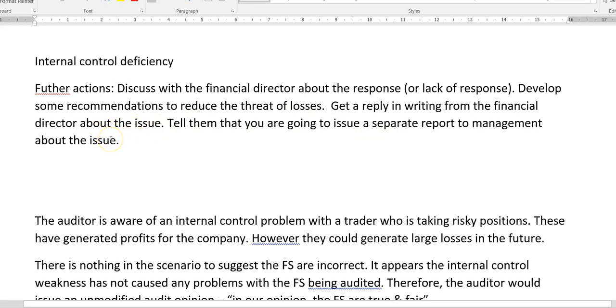So that gives them time to either address the issue or not. You don't want to damage the professional relationship you have with the financial director. So that's all common sense type things, further actions.